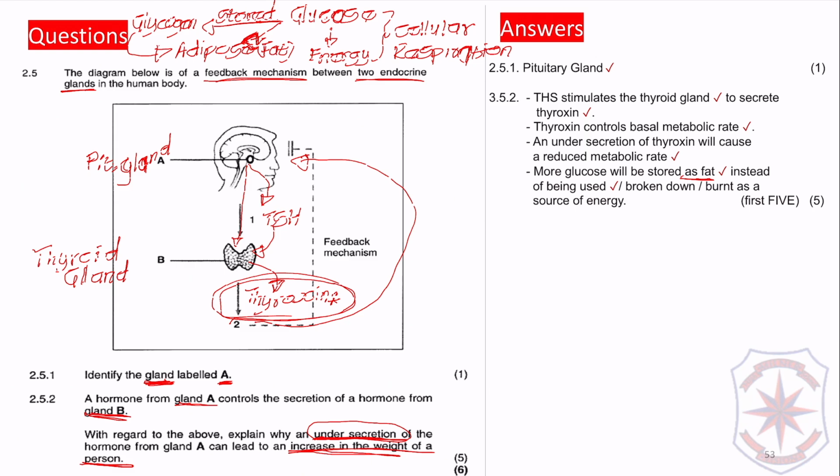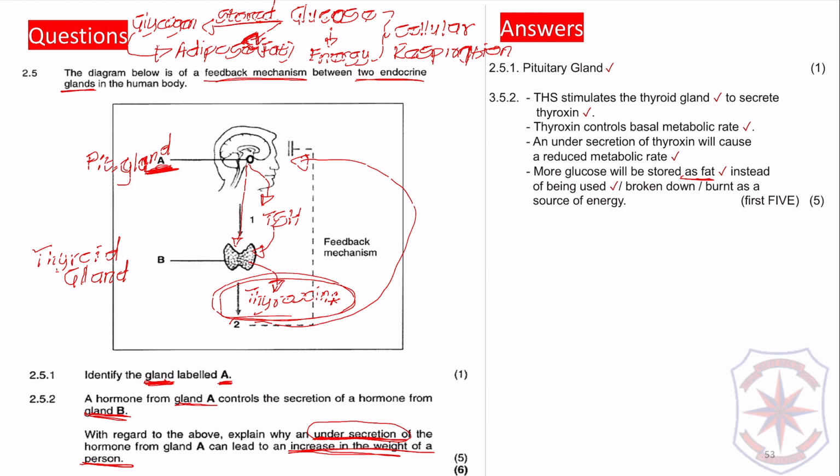Okay, let's look at them one by one again. TSH stimulates the thyroid gland. Yes, so we are talking about undersecretion of A. So TSH stimulates the thyroid gland to secrete thyroxin. Thyroxin controls metabolic rate.